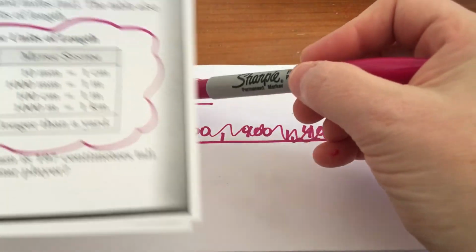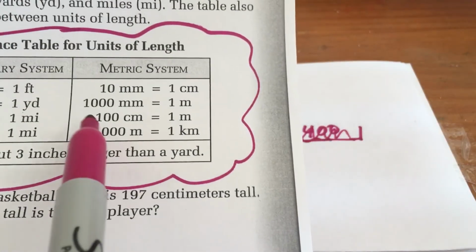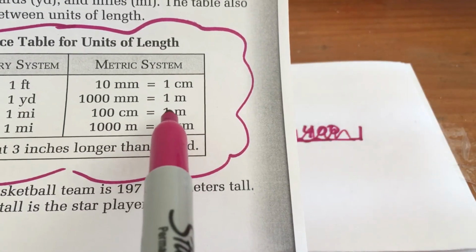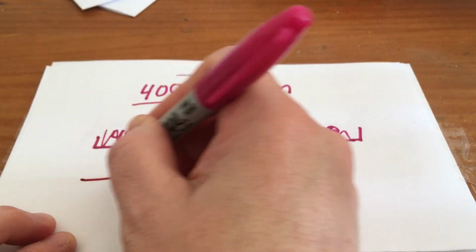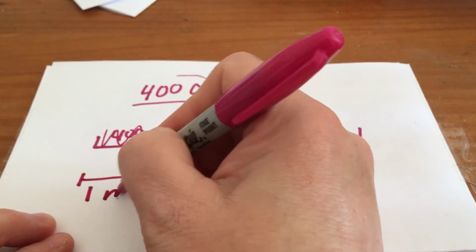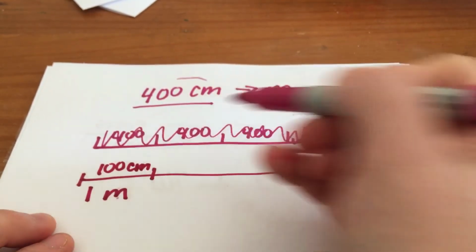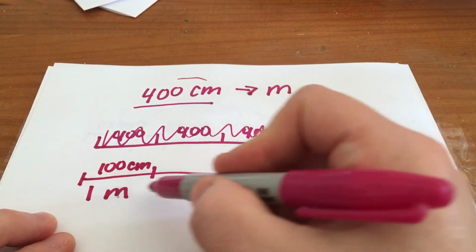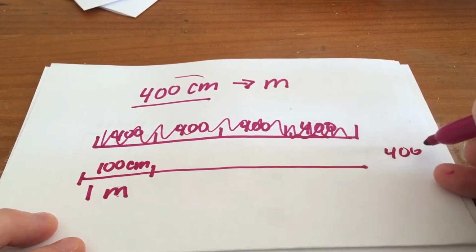So we need to go 400 centimeters into meters, but here it's 100 centimeters equals 1 meter. So let's do this instead. Let's draw a line, and we're going to say 1 meter equals 100 centimeters. And we're going to keep counting up until we get to what? 400 centimeters.